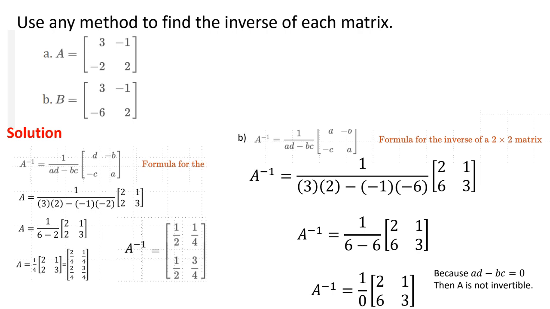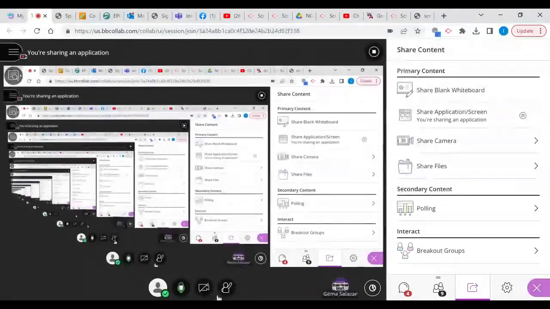Now let me just share my screen really quick. I want to show you how you would put this in your calculator in case your instructor lets you use a calculator. Okay, so if you have a graphing calculator, then we would turn it on. And so you would press second matrix.